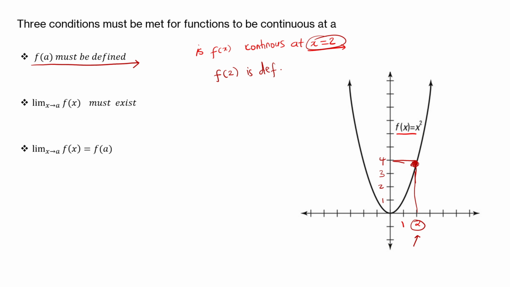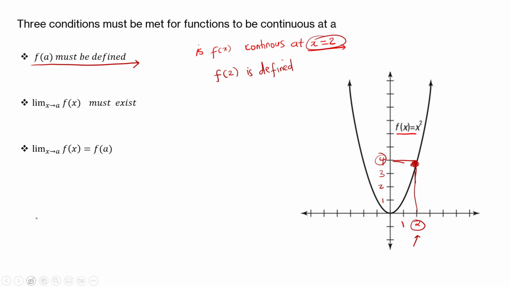So the first condition is met because we know that there is a certain y value that you get when you put in x equals 2. When you say that it is defined, it just means that whenever you put in a certain x value, you get a certain y value as the outcome.